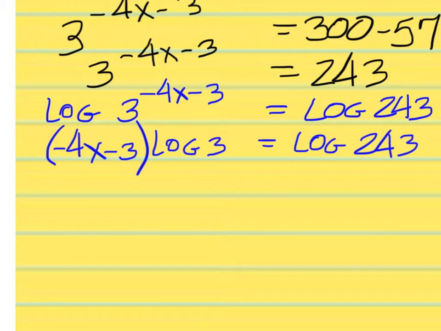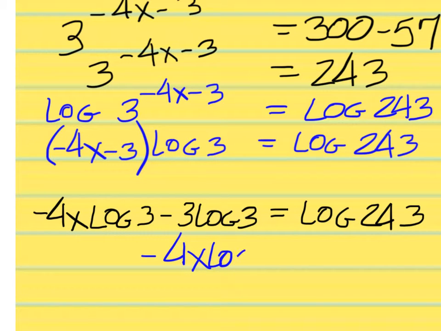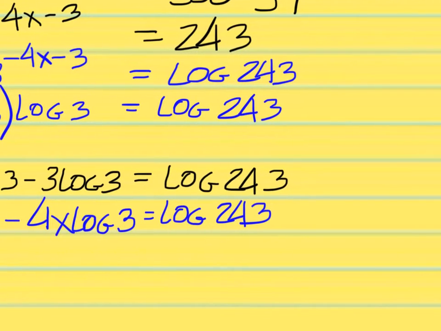Distribute the log 3 to come up with a negative 4x log 3 minus 3 log 3 equals log 243. Move the log term to the other side that has no x in it. So you're going to be left with negative 4x log 3 equals log 243 plus 3 log 3.